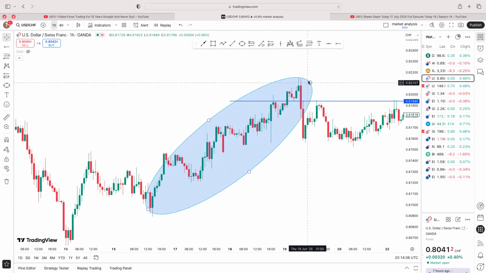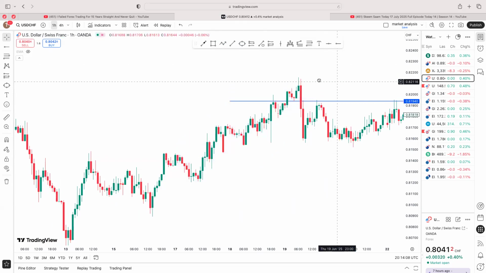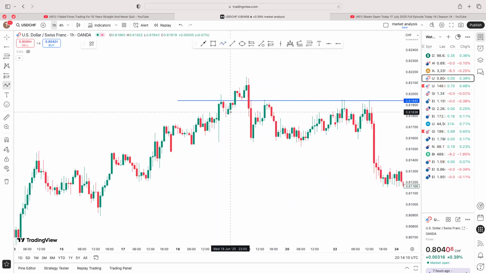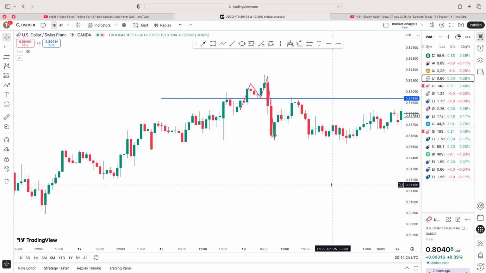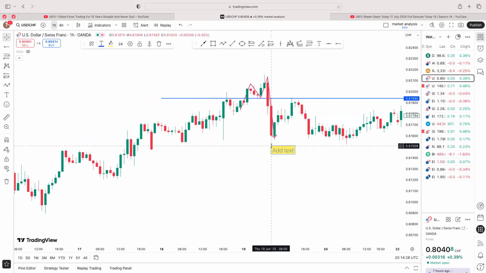So, as I taught you about the market structure, this is the last higher low and then a higher high. And then the market did what? It traded below that higher low. The structure was broken. Where is the structure broken? From the last higher low, because the market went and created a new lower low.